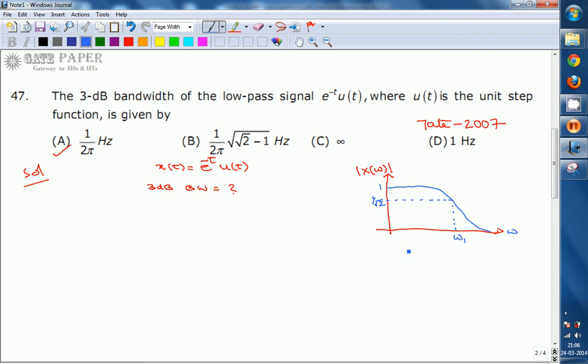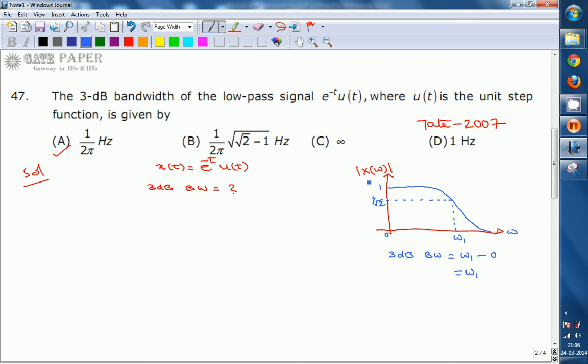Then the 3 dB bandwidth is omega 1 minus the initial frequency 0, which equals omega 1 only. That is the 3 dB bandwidth.